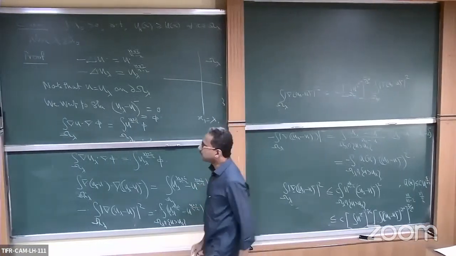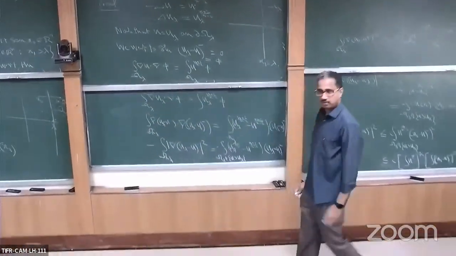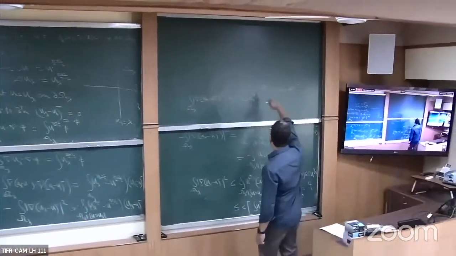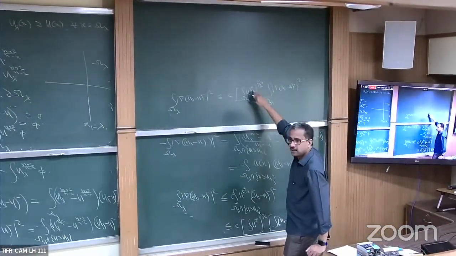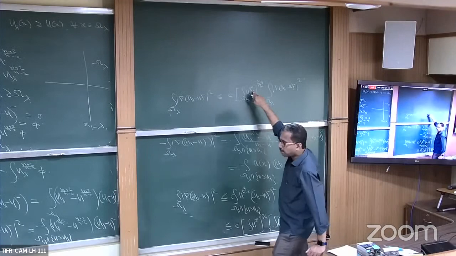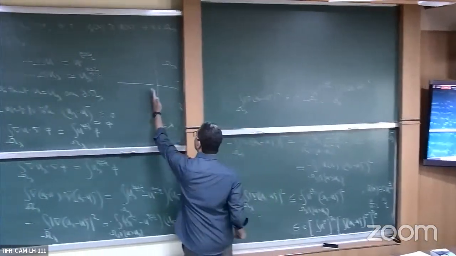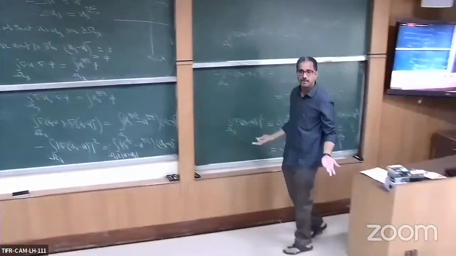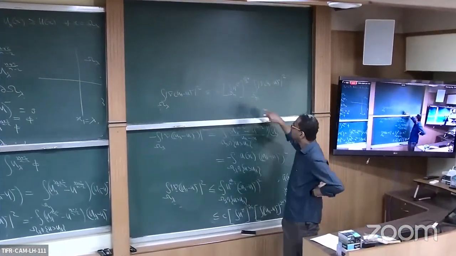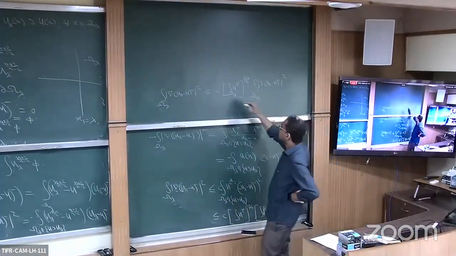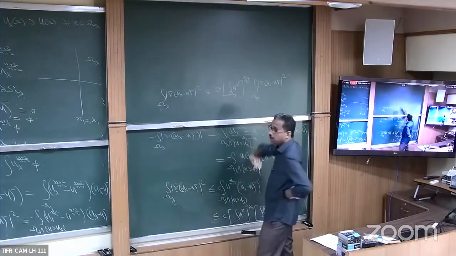So I assume that the integral of the gradient of u square is finite. Therefore, u is in L2 star. So u to the power 2 star is an L1 function. So what happens is that when you go to infinity, that quantity will go to 0, right? So when I make lambda large, there is going to be a constant which does not depend on lambda.